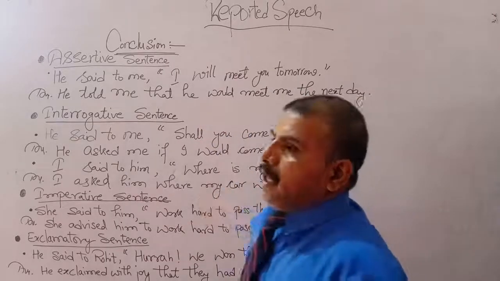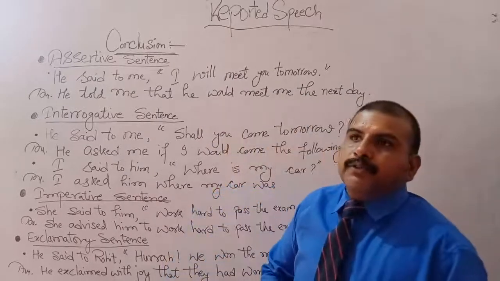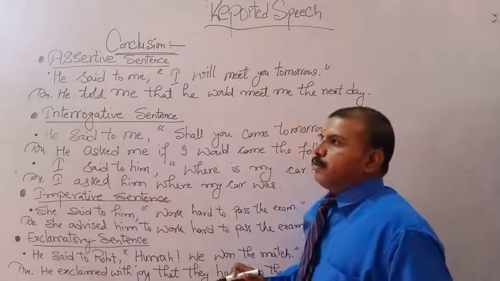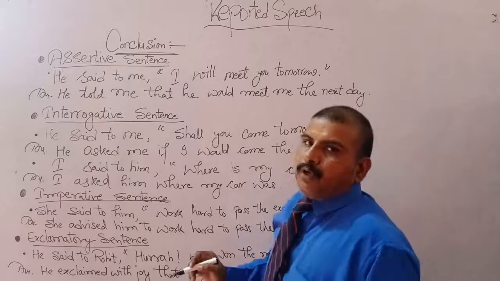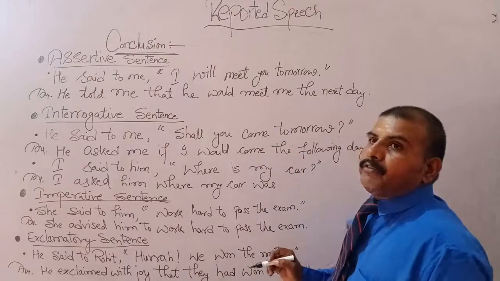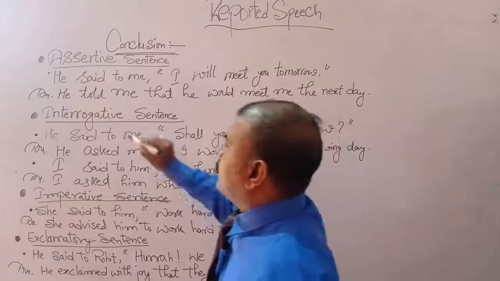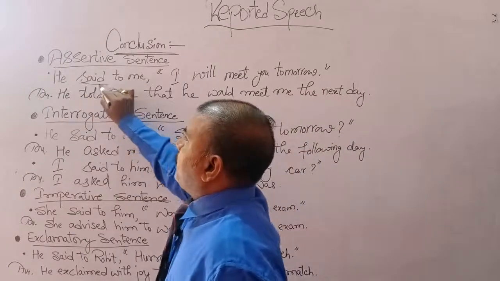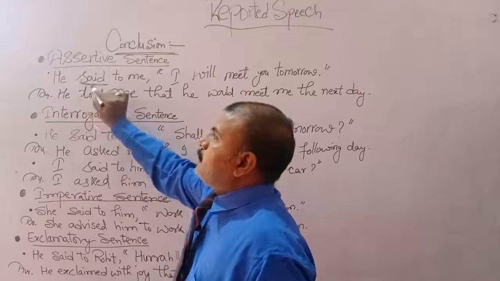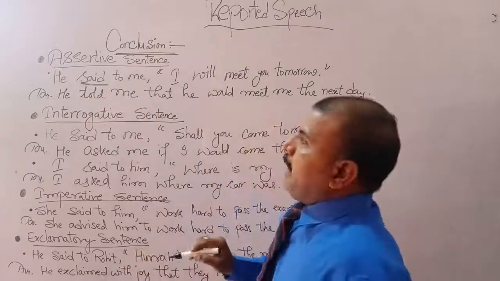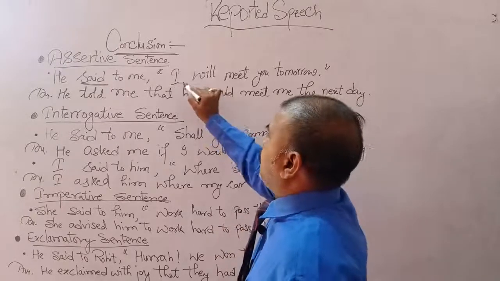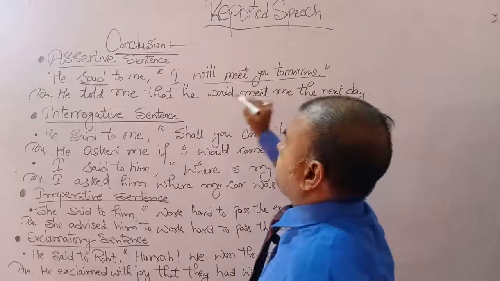As I taught you in my previous video, we follow the steps. First of all, we identify the reporting verb. The verb used for the speaker, he, is called the reporting verb, and the actual words spoken by the speaker are called the reported speech.